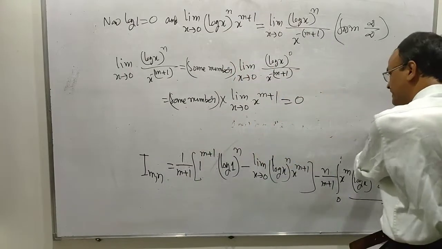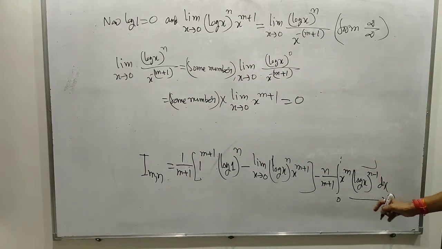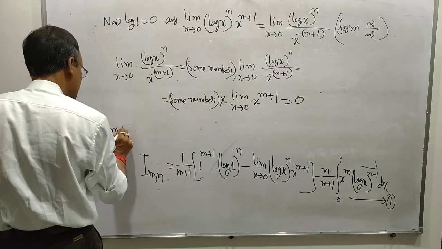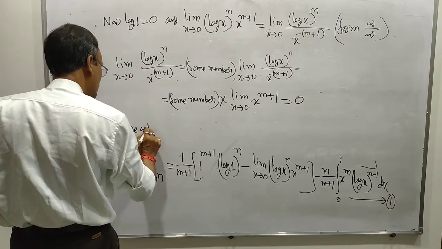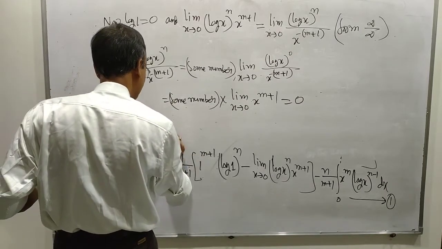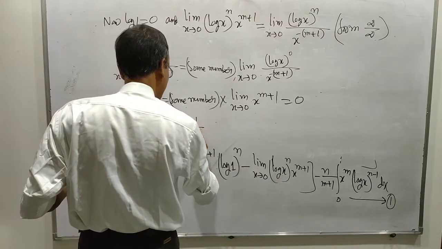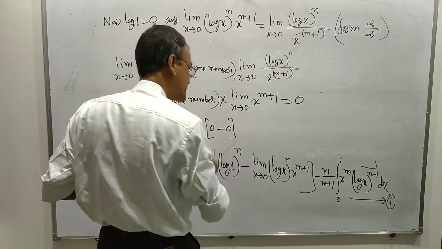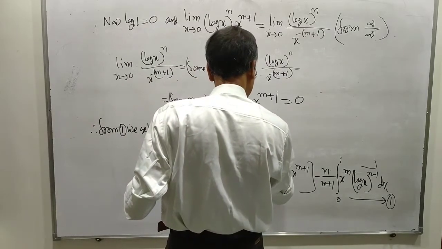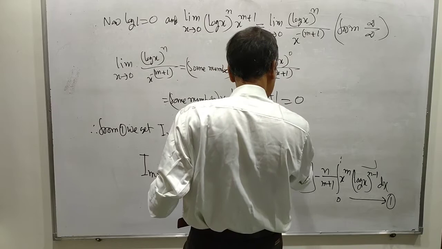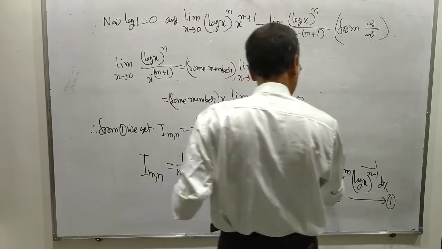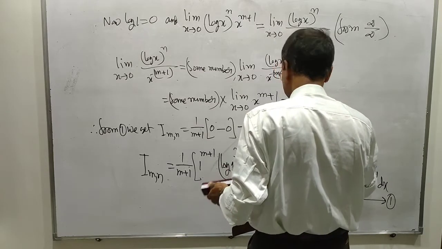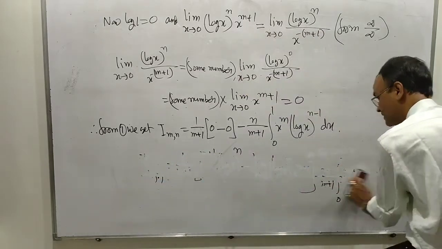Therefore, from 1 we get I_mn equal to 1 by (m+1), it is already 0 minus 0, minus n divided by (m+1), integration 0 to 1 of x^m (log x)^(n-1) dx. From 1 you will get this.